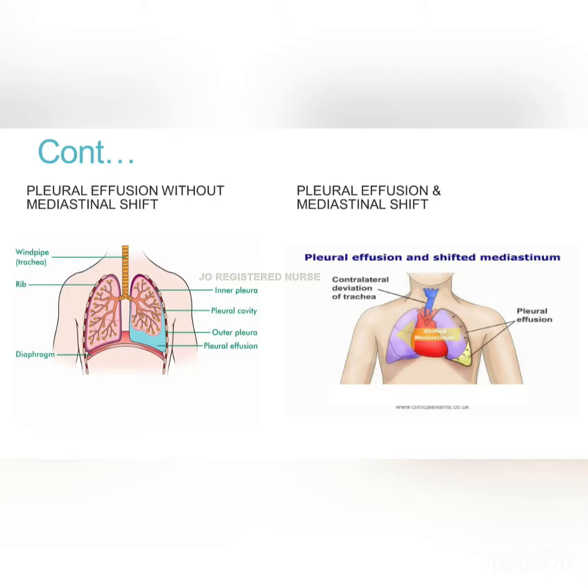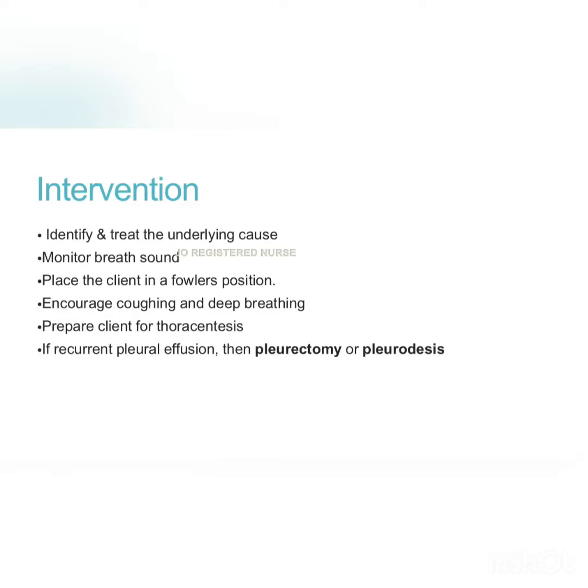Next, pleural effusion intervention. Identify and treat the underlying causes. Most of the time pleural effusion is secondary to some other disease condition like congestive heart failure, kidney failure, pulmonary embolism, trauma, or infection.